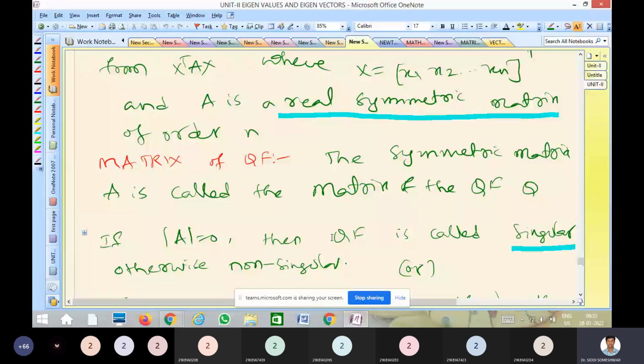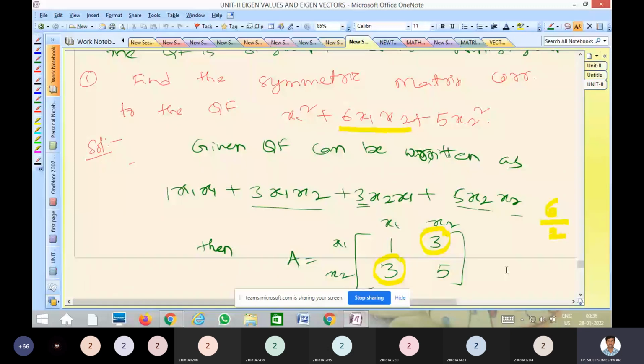First one, x1 square plus 6x1x2 plus 5x2 square. Rewriting the given quadratic form: x1 into x1 plus 3x1x2 plus again 3x2x1, that is, I am dividing the 6 into 2 parts, plus 5x2 into x2. So I am writing the corresponding matrix of the given quadratic form: 1 3 3 5, which is a 2 by 2 matrix, that is of order 2.